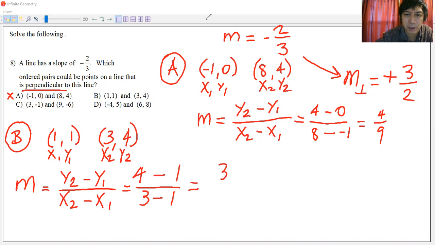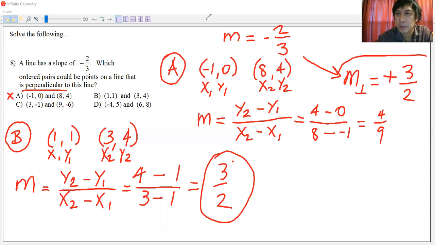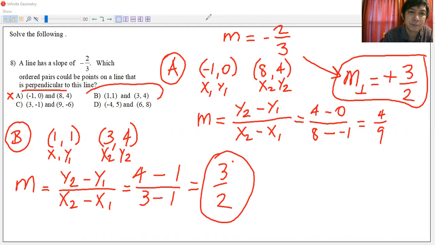This is 3 halves. That looks like the one which satisfies this slope, and so the answer is letter B. We can check that. You can see the asterisk, that's where the asterisk is, letter B.